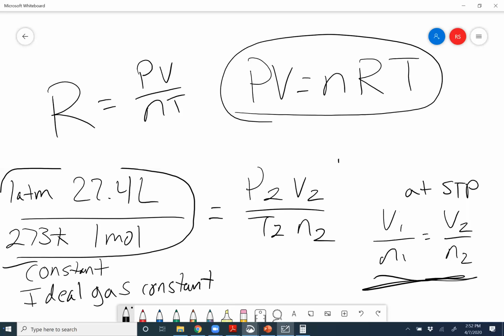If you have a mystery gas, like say for instance during our last unit when we talked about finding the white powder on the dead body, well, what could that white powder be? Well, we used the technique for empirical formulas and molecular formulas to figure out the actual identity of it by finding its molar mass.